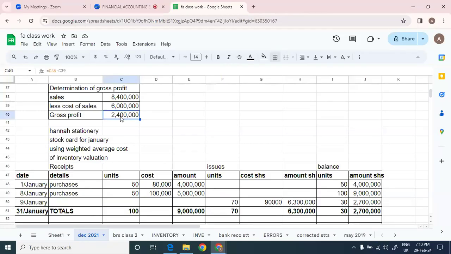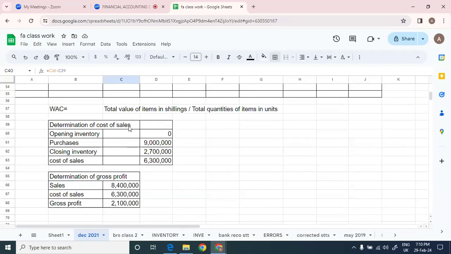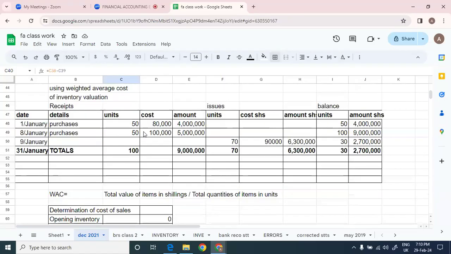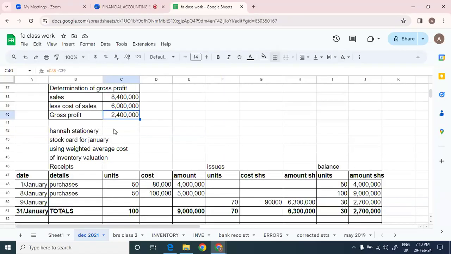Therefore, if you are asked which method you would advise a businessman to use, or would advise Hannah as a consultant to use, we shall advise her to use the first in, first out method of inventory valuation. So that is how we go on to do numbers on inventory.